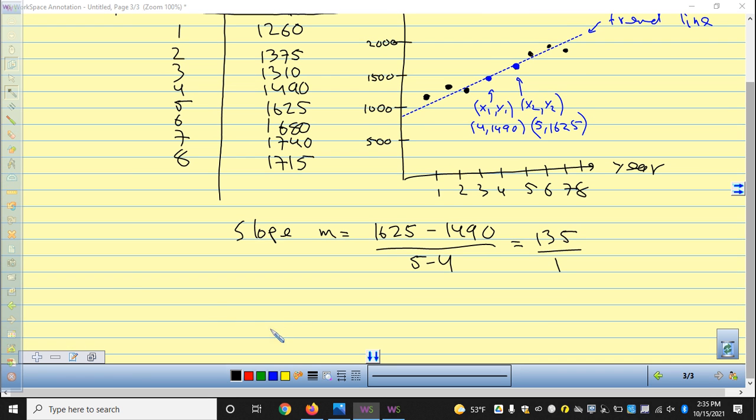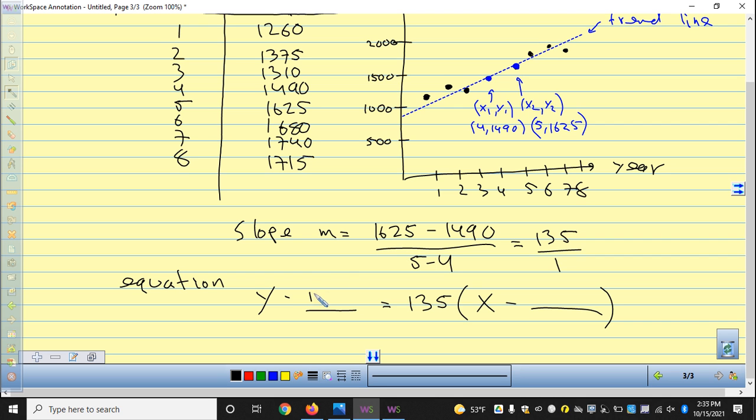Now I can write my equation in point-slope form. y minus blank equals the slope, 135, x minus blank. And I'm filling in the blanks from one of these points, just like we always do. I'm just going to pick the first one because the numbers are a little smaller. y minus 1490 equals 135 times x minus 4.